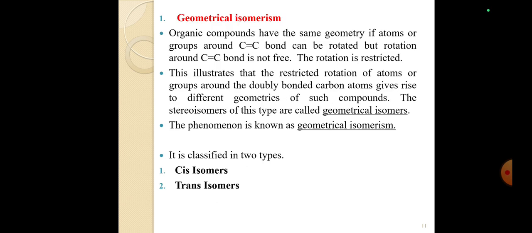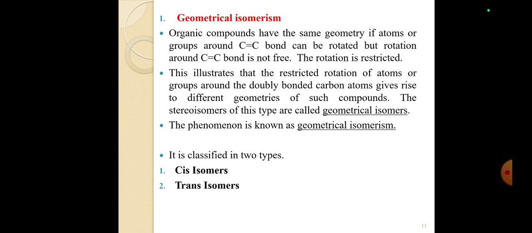In geometrical isomerism, you can define it as whenever a carbon-carbon double bond is present, if we twist it, it can easily get twisted, but it cannot rotate. This gives a restriction to the rotation of the carbon-carbon double bond, which we can see in atomic model construction.